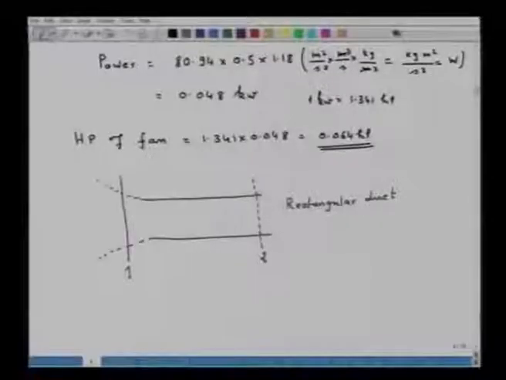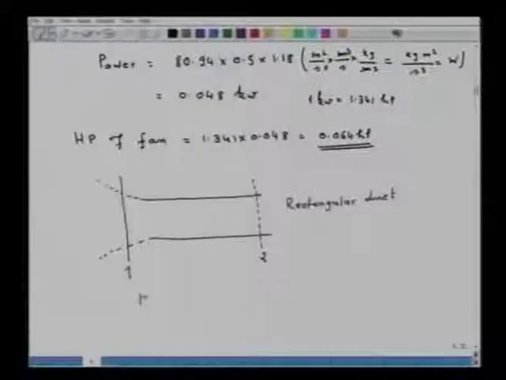The plane 2 I have shifted at the exit of the duct, which was in the earlier problem beyond the exit of the duct. So, all that you have to do is apply the mechanical energy balance for this particular system, use all the values whatever you require, which have been given to solve this particular problem, and calculate the work done by the pump just by shifting plane 2 at the exit of the duct.